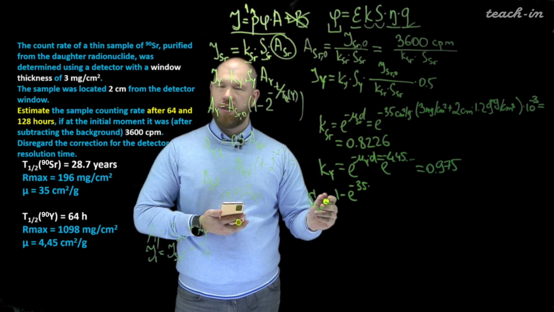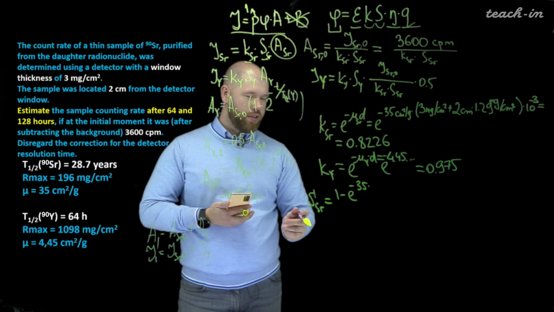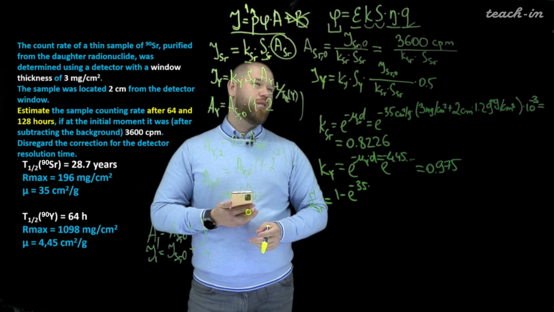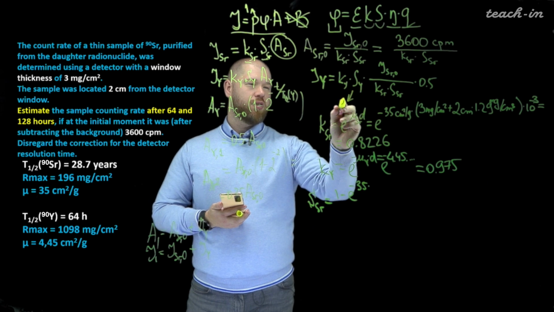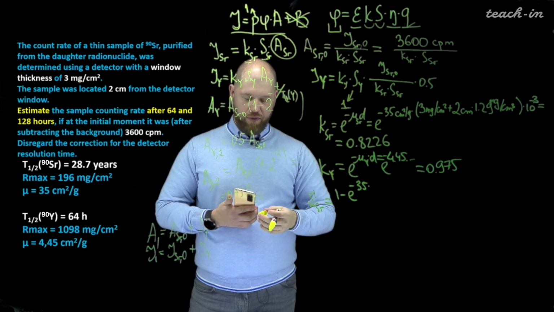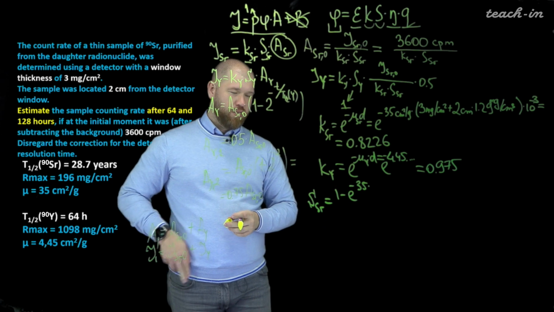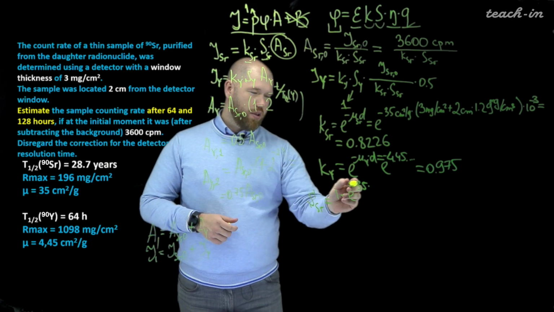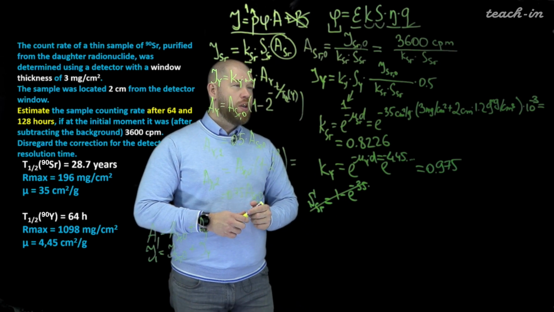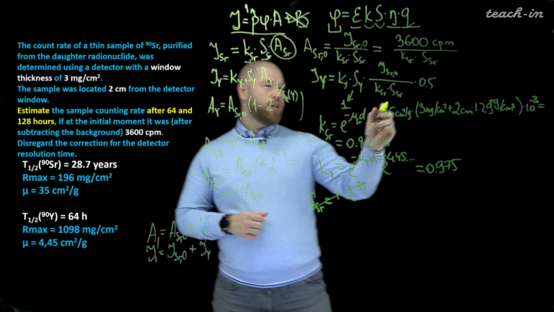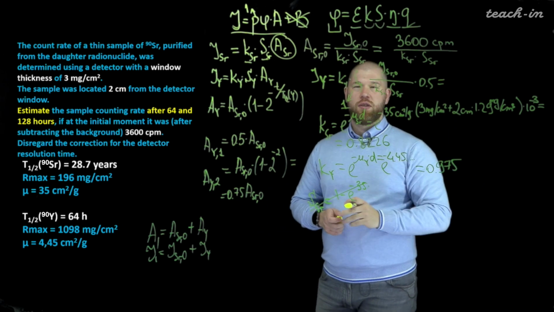Okay, it's a thin sample. I forgot that it is a thin sample. Thus, it is even easier. We just take it as 1. For thin samples, the self-attenuation coefficient is equal to 1. We don't need to calculate it.